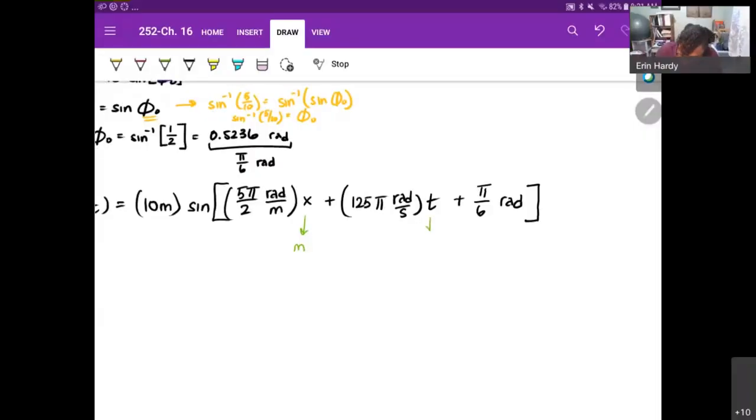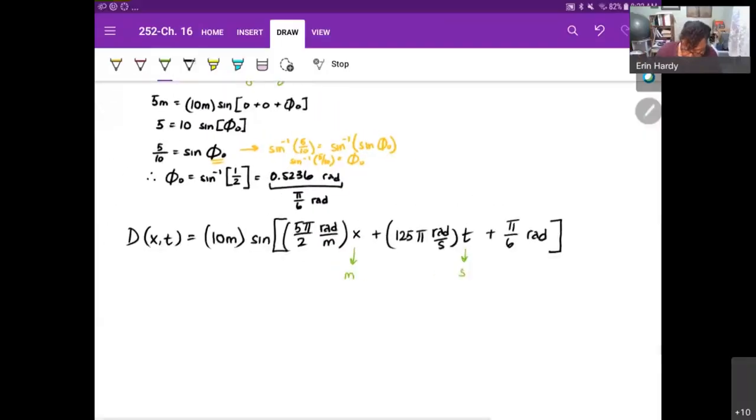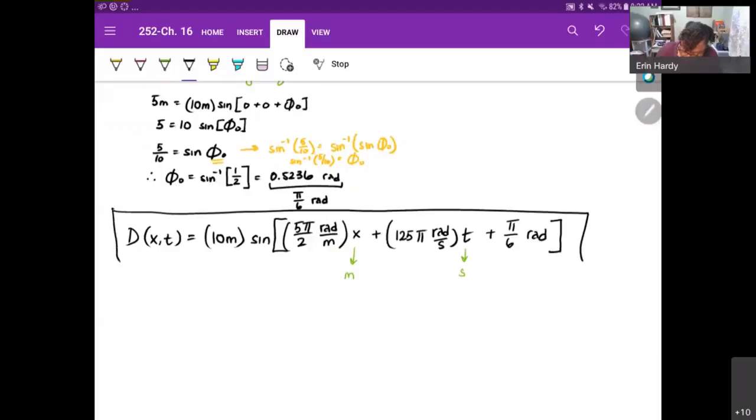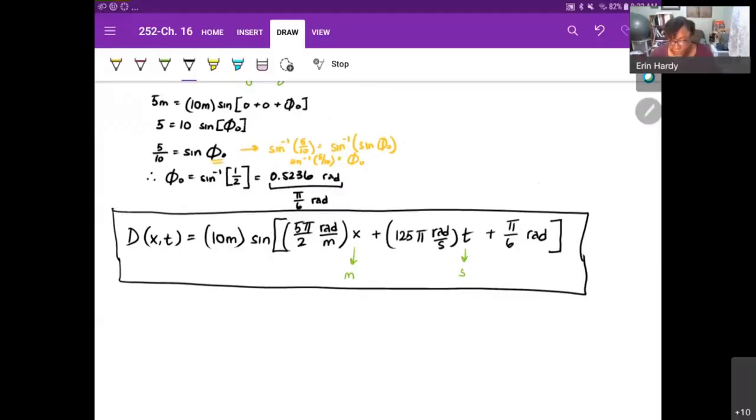And if I measure my time in seconds, then multiplying 125 pi radian per second times some time in seconds is just going to leave me with radian. So I have radian plus radian plus radian inside of the square brackets. And we are finished with this example question. So we've got units and values for everything except for the x and the t, our two variables.